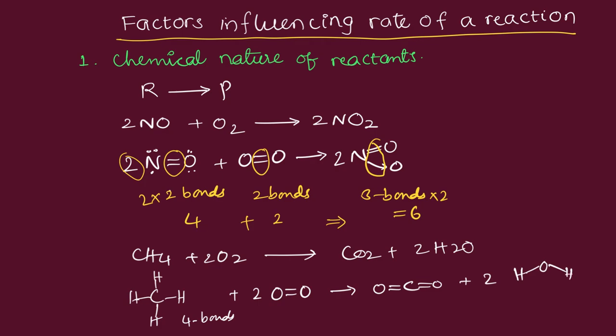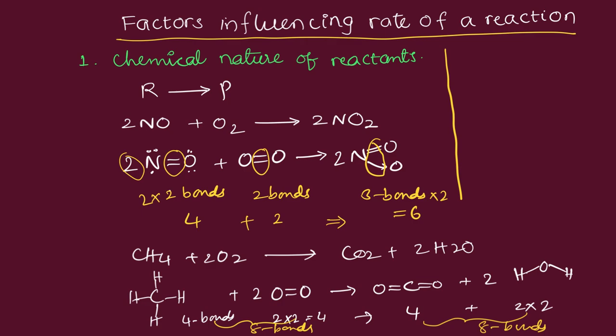Now consider here 4 bonds, 2 into 2, that is 4, and the product side is 4 bonds plus 2 into 2 bonds, this also 4 bonds. So overall 8 bonds are there, and here also 8 bonds are present. But in the first reaction 6 is there.